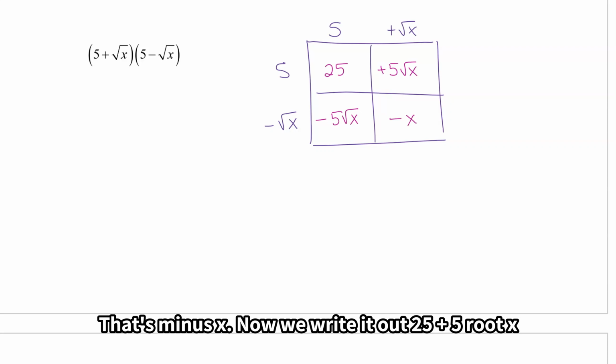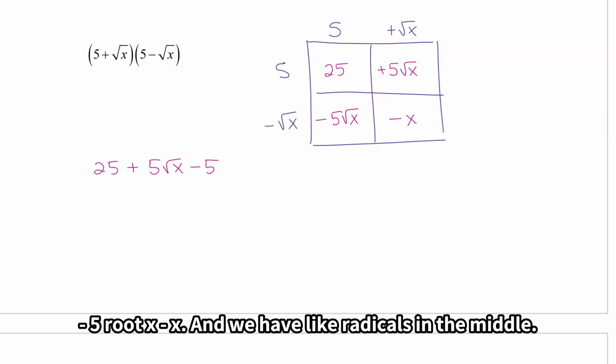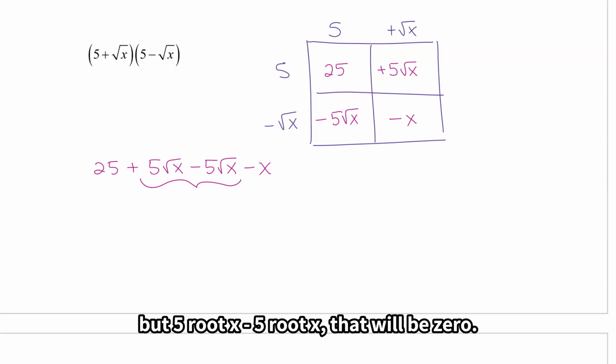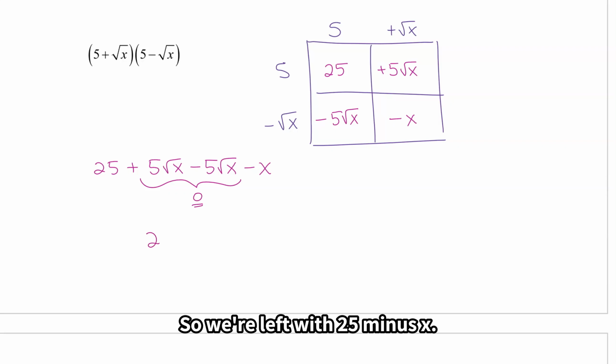That's minus x. Now we write it out. 25 plus 5 root x minus 5 root x minus x. And we have like radicals in the middle. But 5 root x minus 5 root x, that'll be 0. So we're left with 25 minus x.